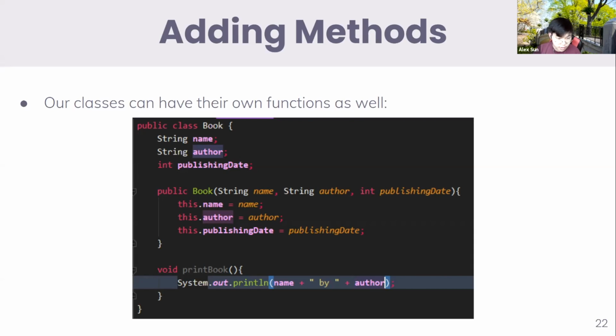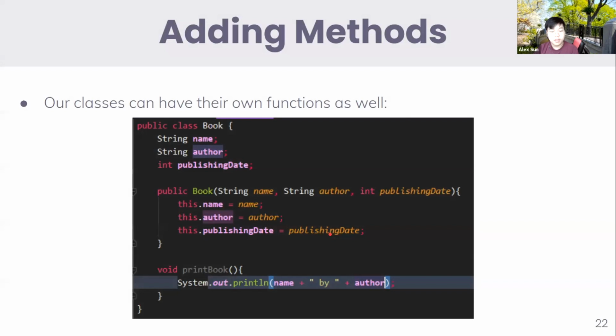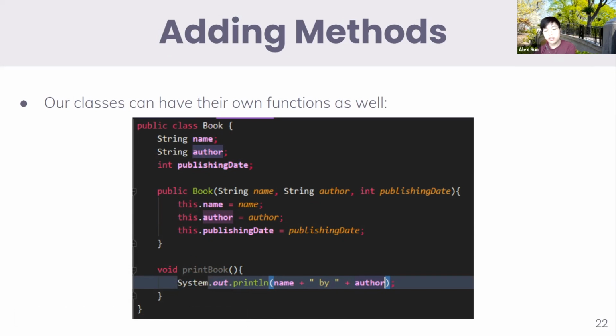For example, we could create a function called void printBook, and we could just have it do something such as System.out.println name plus by plus author. Then we can just do whatever the book is dot printBook every time, like you would do in a normal function using the dot operator, just like you would access the name, author, or publishing date. You would get a much easier way of running printBook on all of your books without having to make separate print lines. So this is one example.